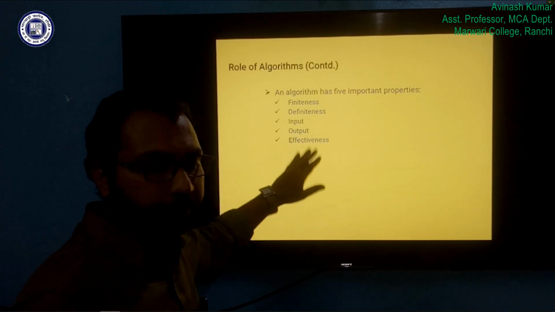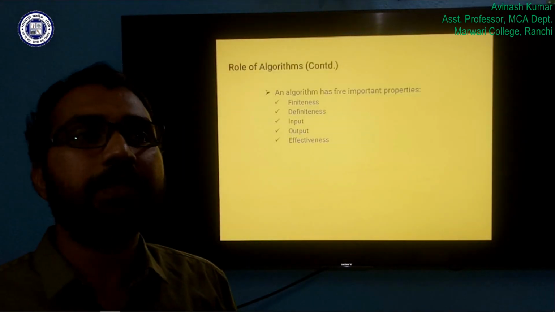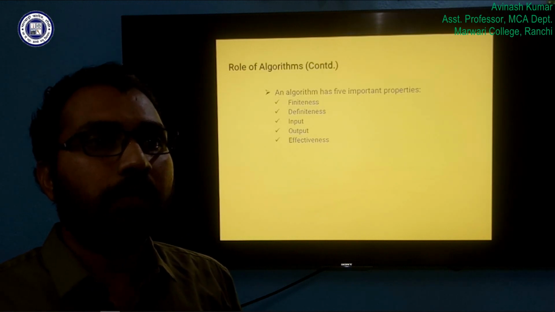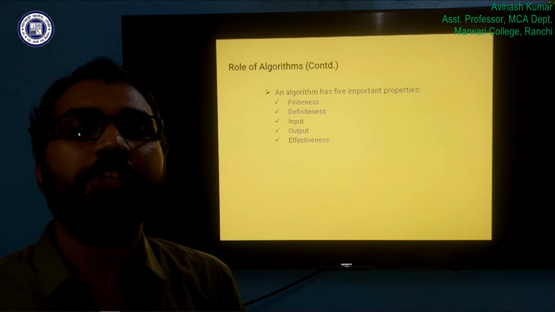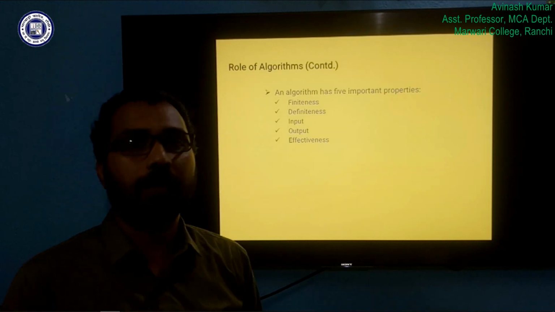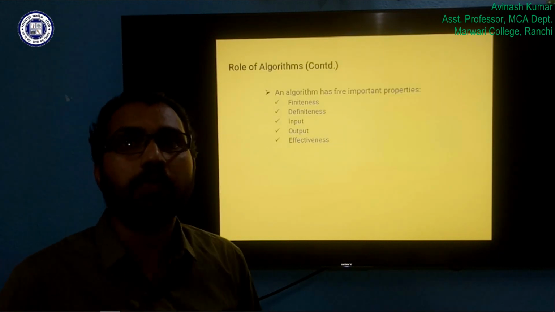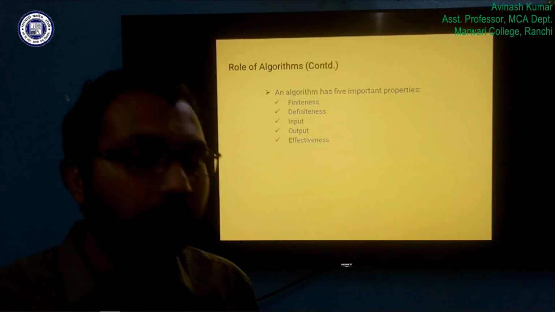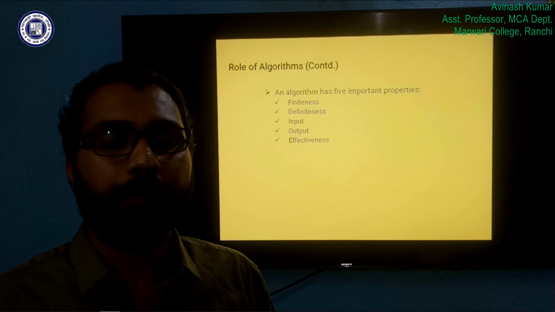And effectiveness. Effectiveness defines the complexity level or the efficiency of any given algorithm. So how efficient your algorithm would be to solve your problem.